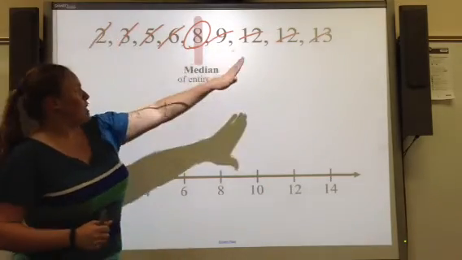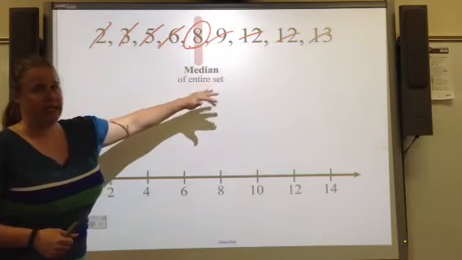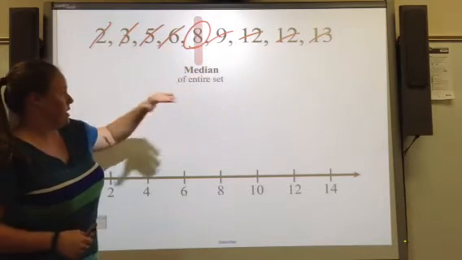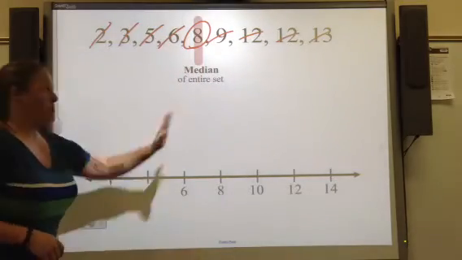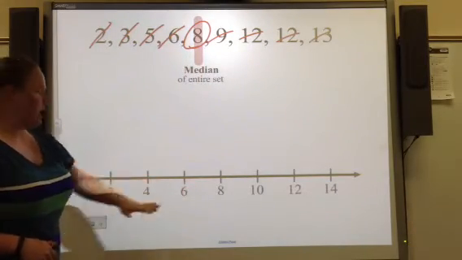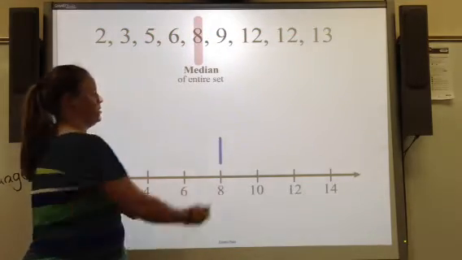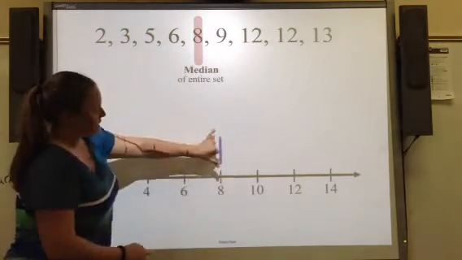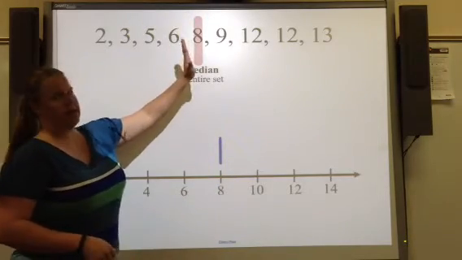So do go through that process, and 8 is my median of the entire set. Label it median of the entire set. I do want you to write that down. Then back to your number line, your next thing to do is to take your pencil and draw a pretty nice sized line above the 8, because 8 is your median.